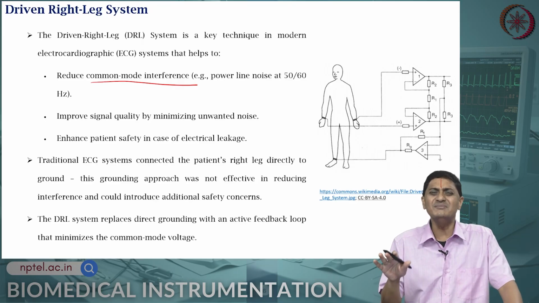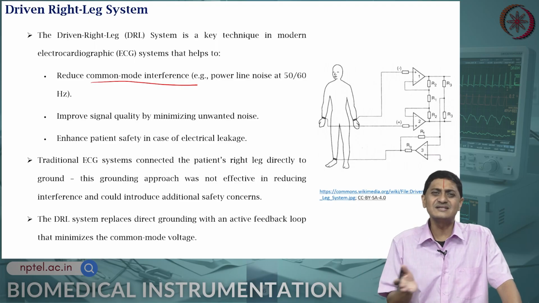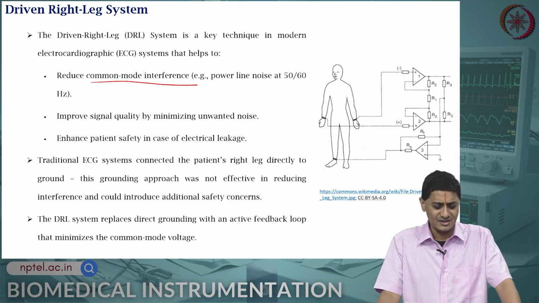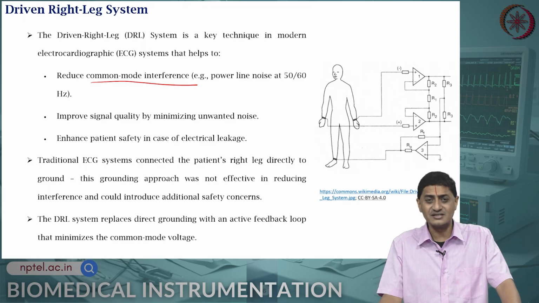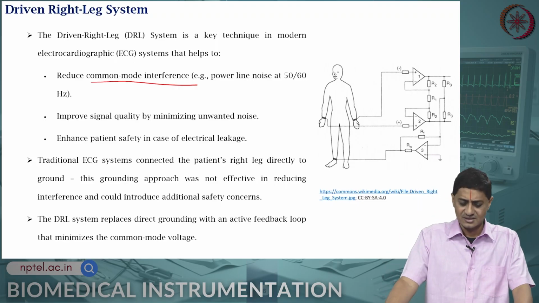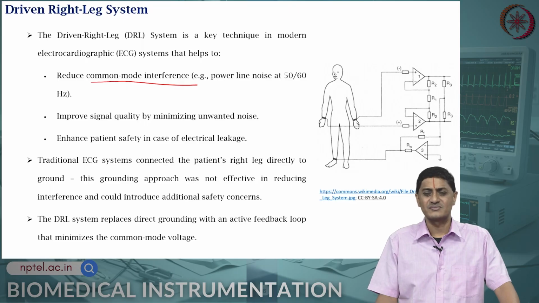So, you want to minimize this common mode noise, thus improving the signal quality, and also use this as an opportunity to enhance patient safety in case of electrical leakage. Traditional ECG systems connected the patient's right leg directly to the ground. That was not effective in reducing interference.